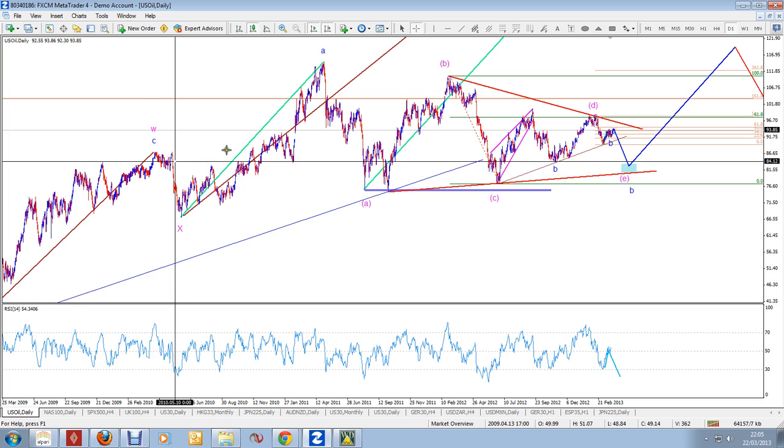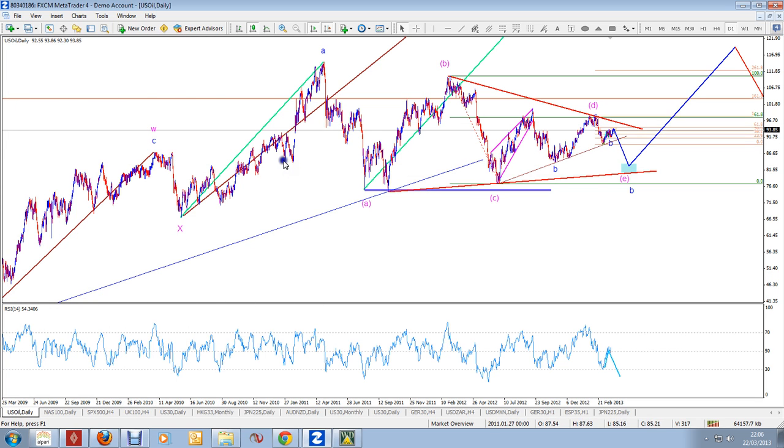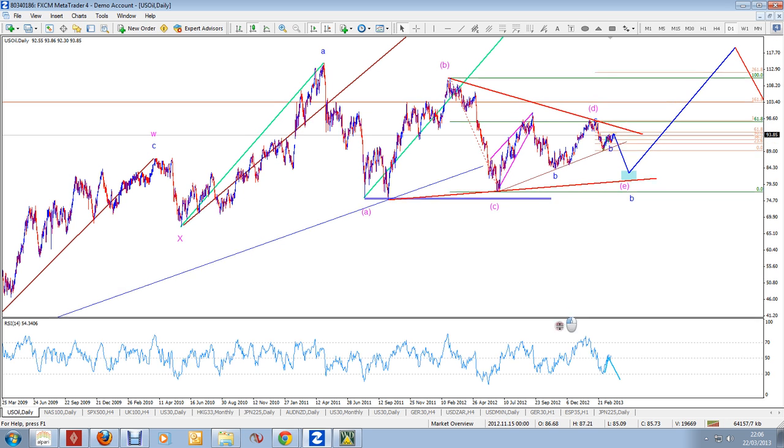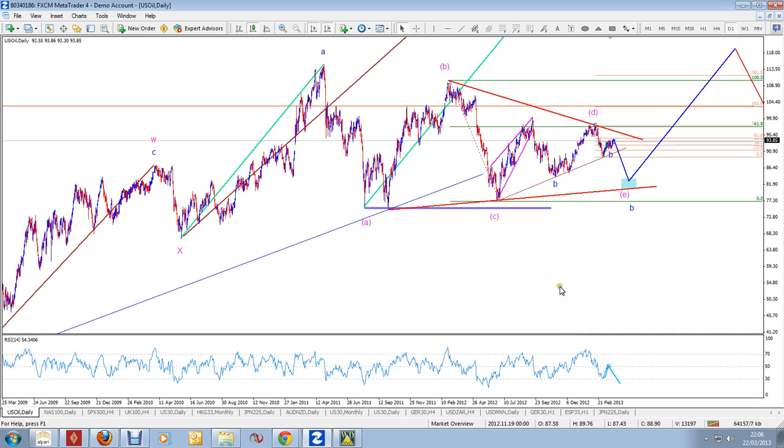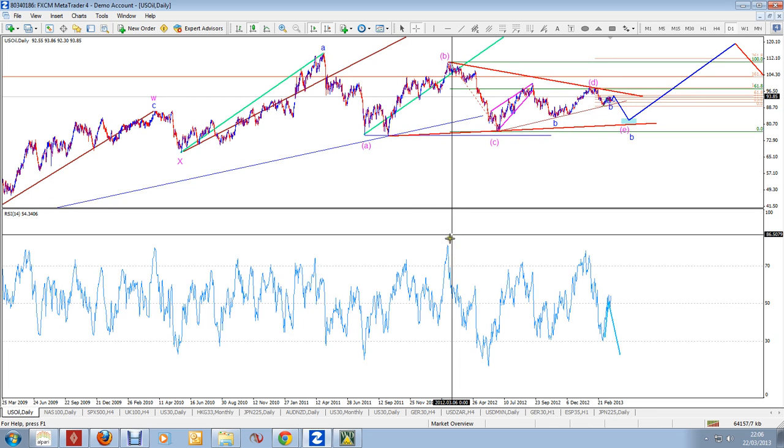It's simply saying that in this leg we got a zigzag. Okay, so that's basically what we are saying. In that leg we got a zigzag. Then since then I think we are correcting. I don't think we are in a completely new downtrend, because as we noted, the equity market is not going to come down strongly just yet. So far when I look at this RSI, you can see, for example, that in here the highest RSI is on that reading.